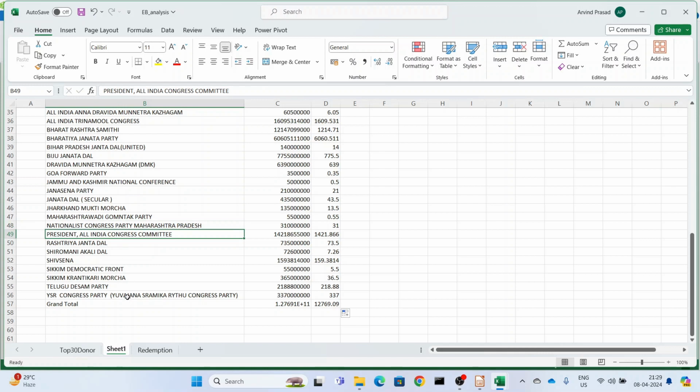And YSR Congress Party. So, the India bloc does have might. It is not that nobody is funding the India bloc. Once again, I put it here. Nobody in corporate funding, nobody funds a losing horse. Nobody funds parties which they know cannot perform.